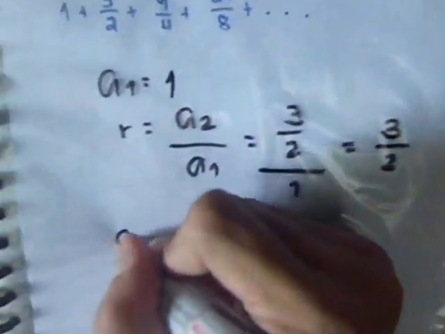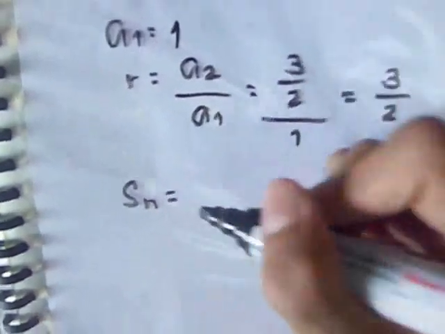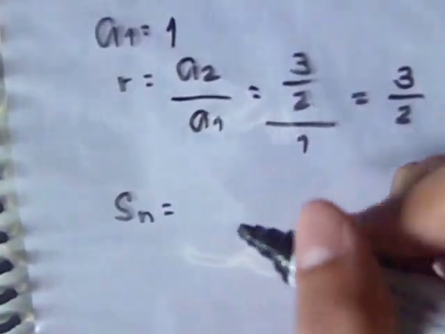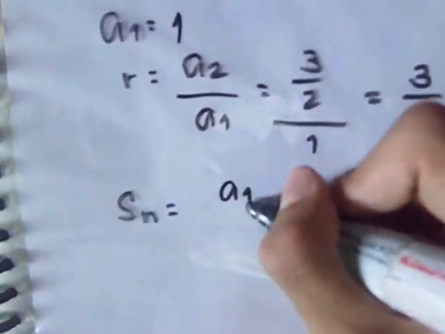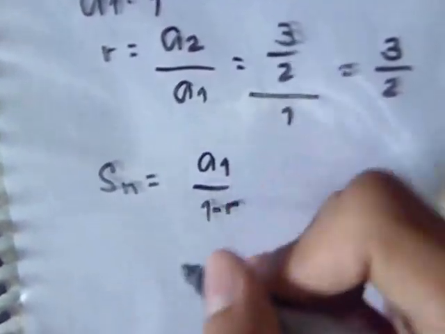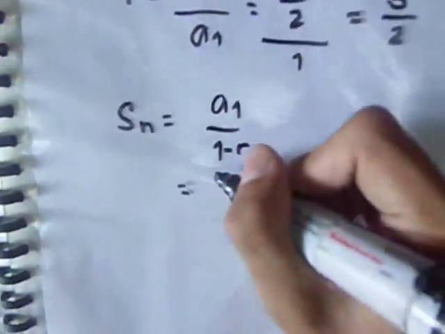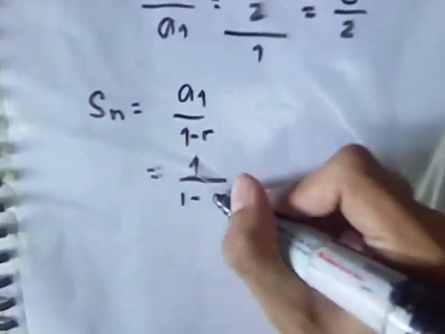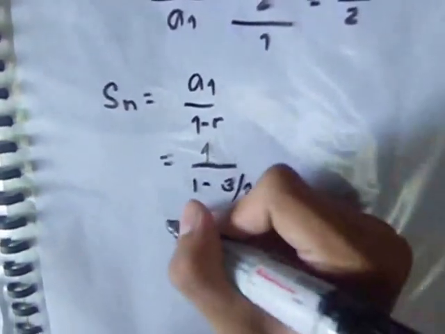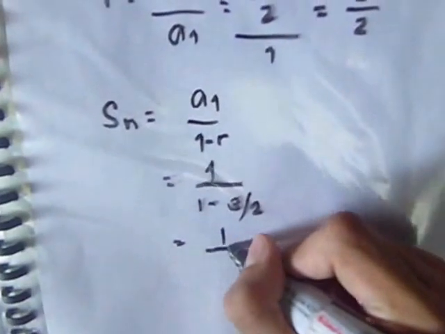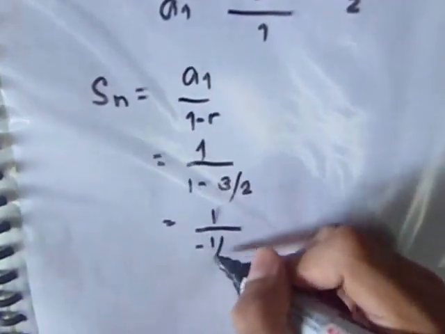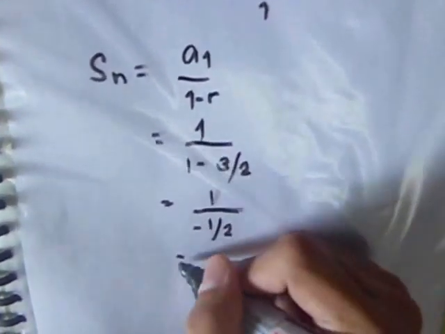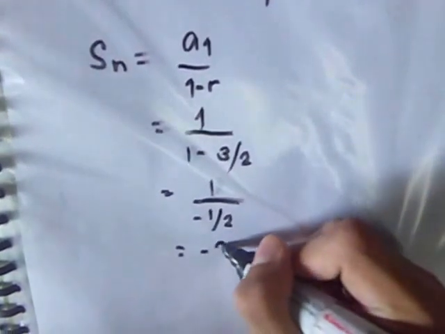So substituting it in our formula in finding the sum of an infinite geometric series, we have S sub n is equal to a sub 1 over 1 minus r. S sub n is equal to a sub 1 or 1 over 1 minus 3 halves, which is equal to 1 over negative 1/2. And so the sum is negative 2.